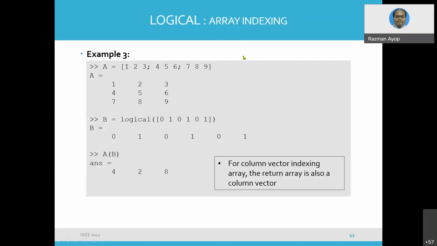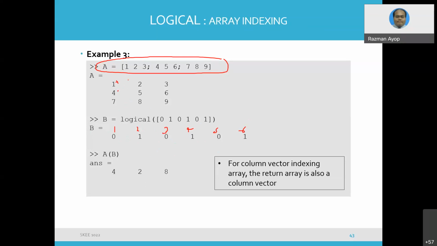Okay, so just a little bit more. Logical array indexing. Of course, you have a data here, the same as before. If you want to obtain this data, you can see here 0, 1, 0, 1, 0, 1. So you don't want this, you want this. This is 1, 2, 3, 4, 5, 6.